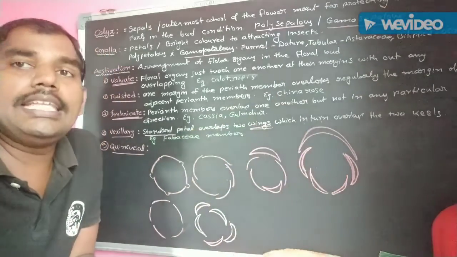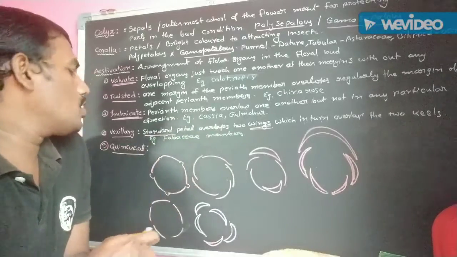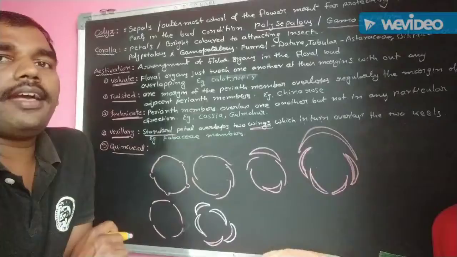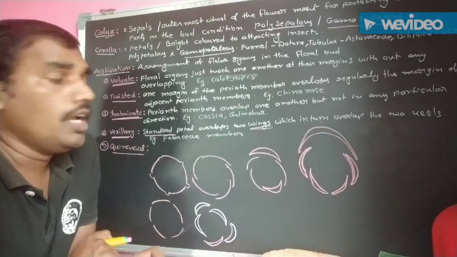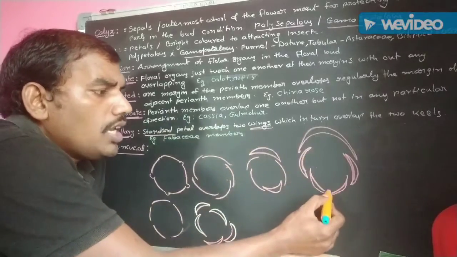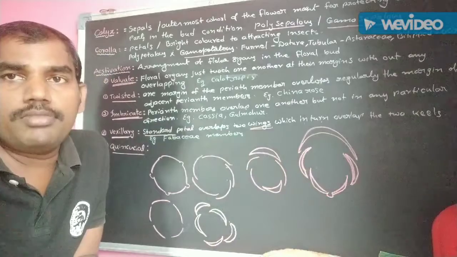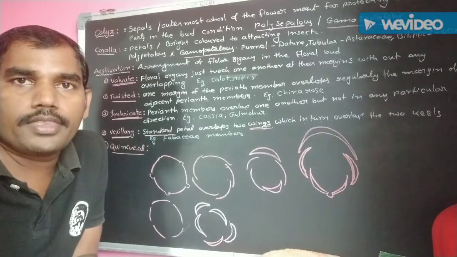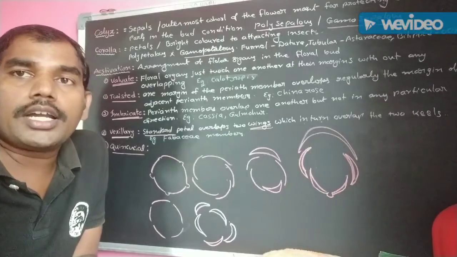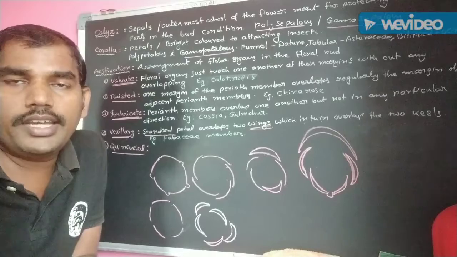These are called keels. Okay, this type of arrangement is known as vexillary aestivation or descending imbricate aestivation. This type of descending imbricate aestivation is especially found in Fabaceae members like beans, pea, black gram, red gram, groundnut, brown gram, etc.